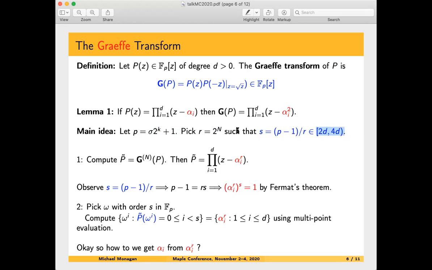So let's suppose we do that. We pick a value of s. That defines n, and we're going to apply the Graef transform n times. We're going to compose it n times, so we're going to square the roots n times. This means that the transformed polynomial will have roots alpha I to the r. Observe the following. We chose s to be p minus 1 over r.